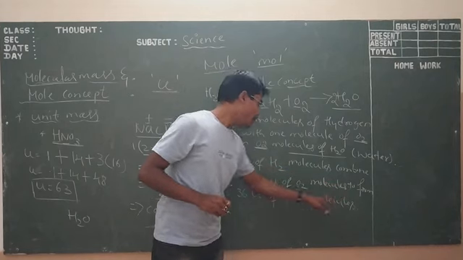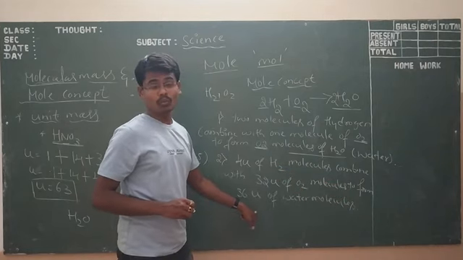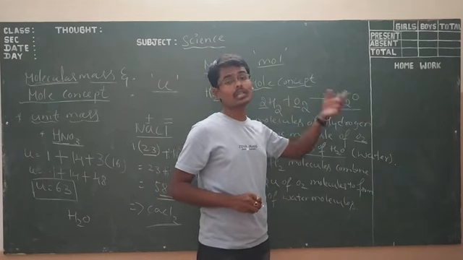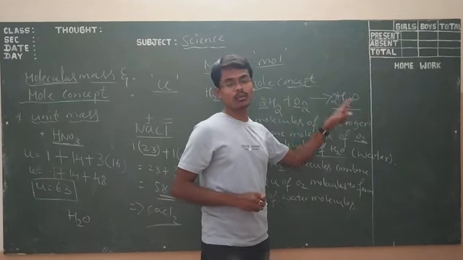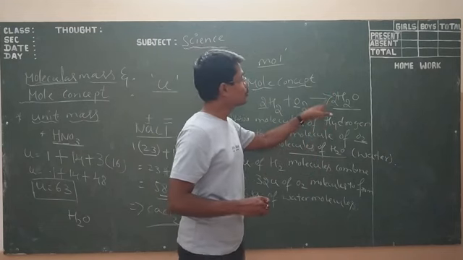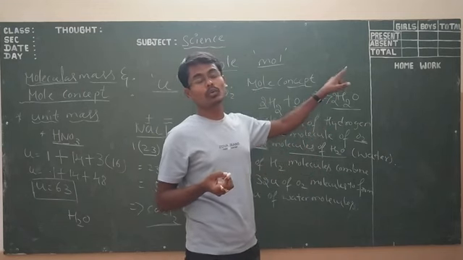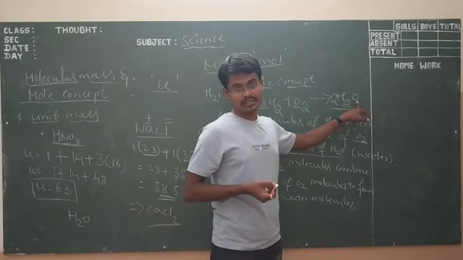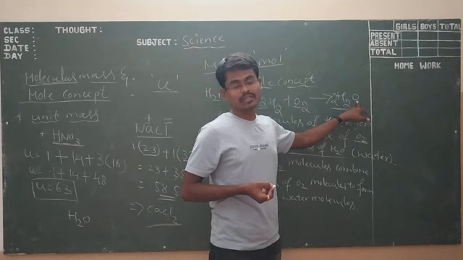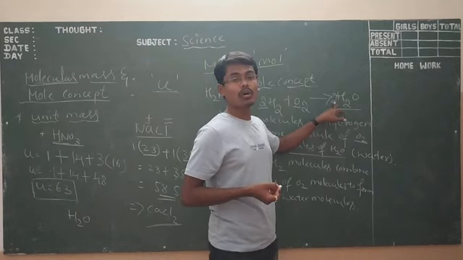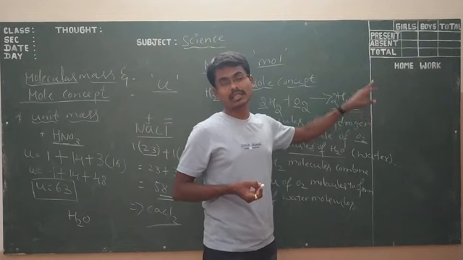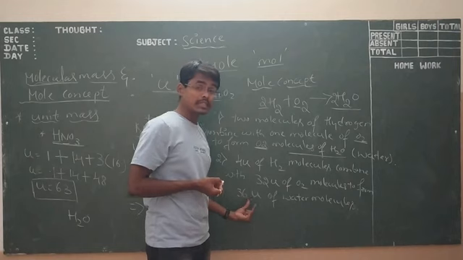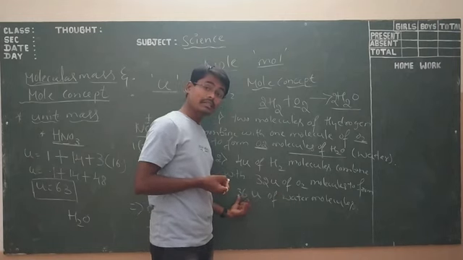To form 36U, which is H2O: the atomic mass of hydrogen is 1, two atoms, so 1 into 2, then two molecules, again 2 into 2 is 4, plus 16. The atomic mass of oxygen is 16 and two molecules of oxygen give 2 into 16, 32. Then that gives 36, the mass of the water is 36.